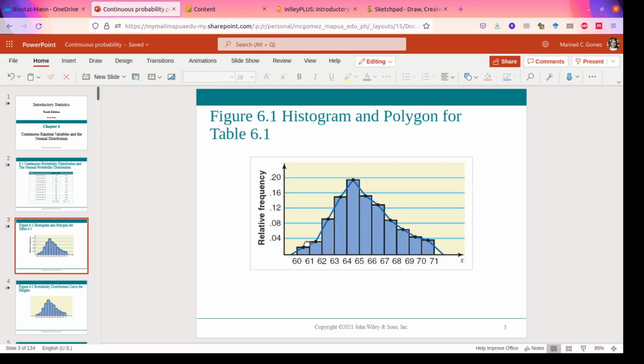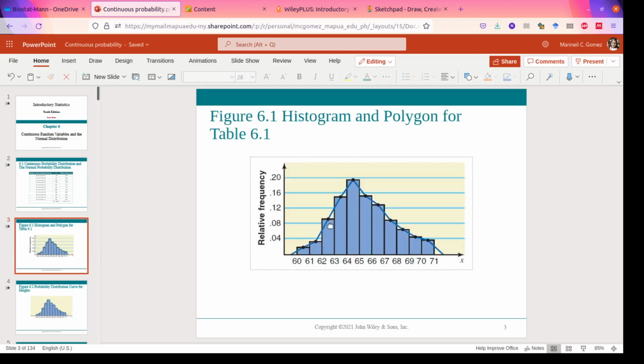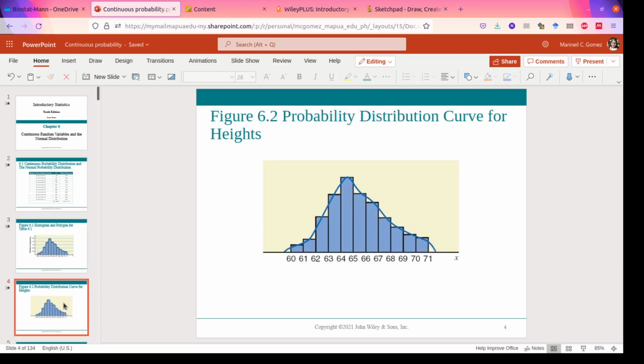In order to draw the probability distribution for the continuous variable, we take this discretized probability distribution from the categorized heights and get the midpoints of each category. For example, the midpoint of 60 to 61 is 60.5. We take the points at the midpoints and connect the dots. This line becomes the continuous probability distribution, the probability distribution curve for the heights of the female students.